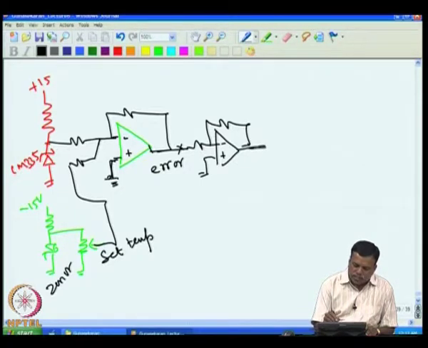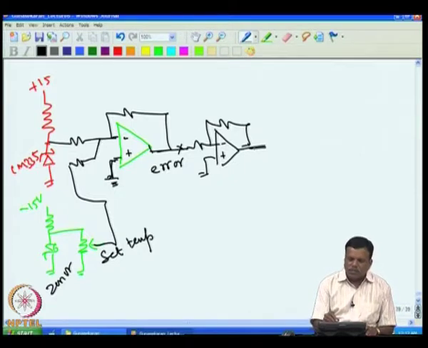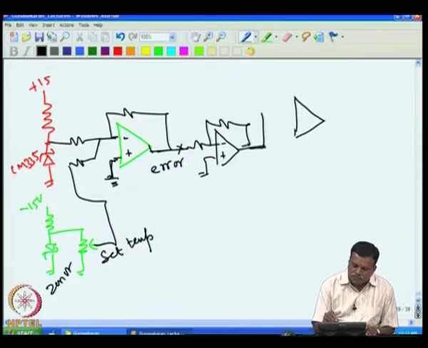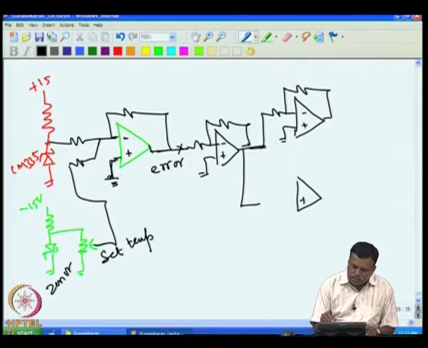So, when temperature goes up, this voltage will be increasing. What you do is give this to a proportional stage, and then also give it to the so-called integrator stage. Here we will just connect the integrator.